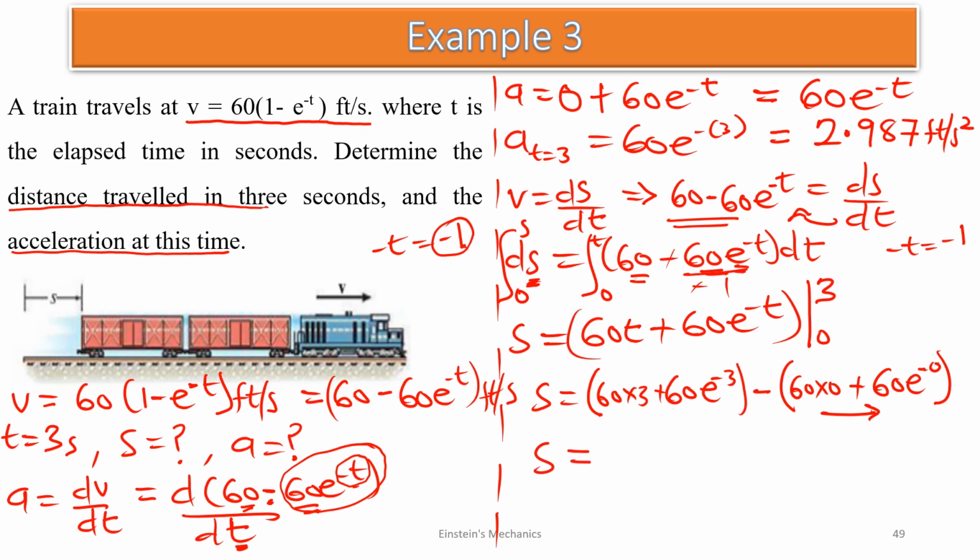And if you punch this on your calculator, you are going to get 122.98, which is approximately 123. Since it is distance, and our unit is in terms of feet, we are going to give it as feet. So this is going to be 123 feet. This is the final answer.